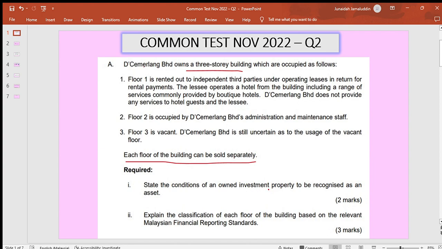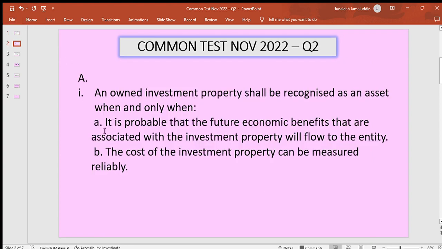Number 1, it is probable that the future economic benefits associated with the investment property will flow to the entity. And the second one, the cost of the investment property can be measured reliably. So that is the answer that you should give for question 1.